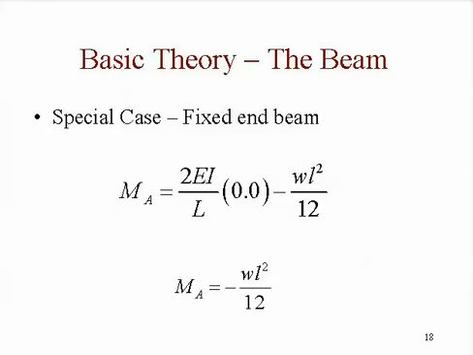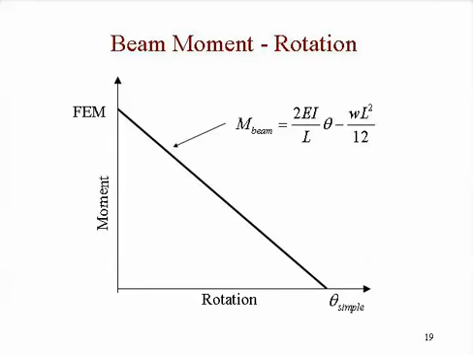And if you look at the fixed-ended beam, which we, of course, started with and know this answer already, if you put theta equals 0, the moment at A is minus WL squared over 12. So we can plot that. All right? So we have the rotation down here and the moment here.